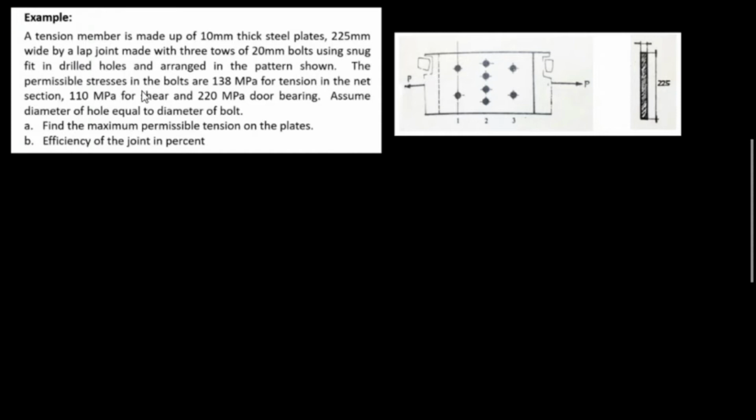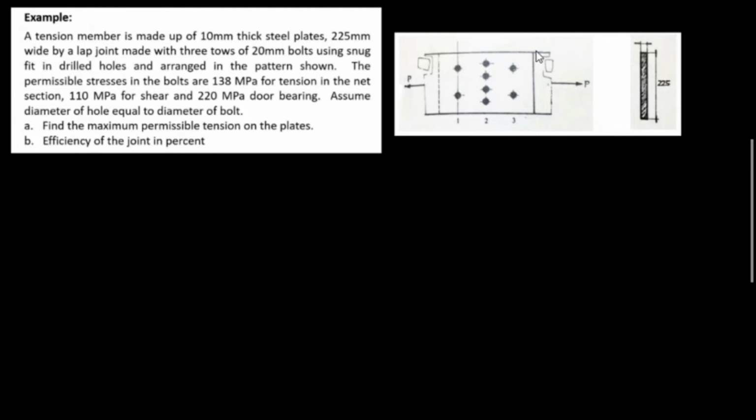The permissible stresses are 138 megapascal for tension, 110 megapascal for shear, and 220 megapascal for bearing. Assume diameter of hole equal to diameter of bolt, and then find the maximum permissible tension on the plates and the efficiency of the joint in percent.